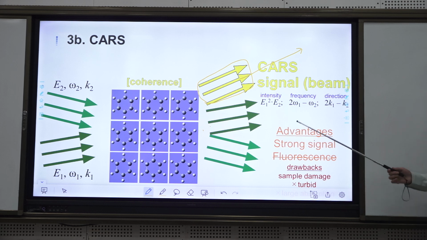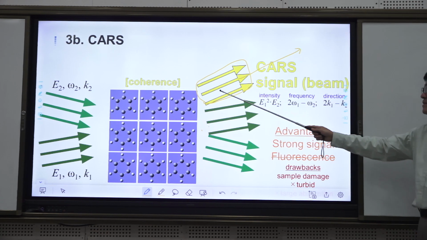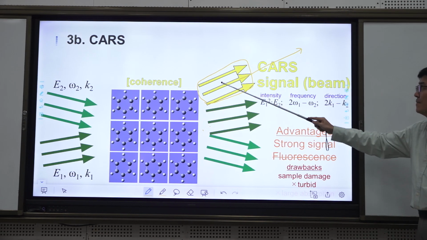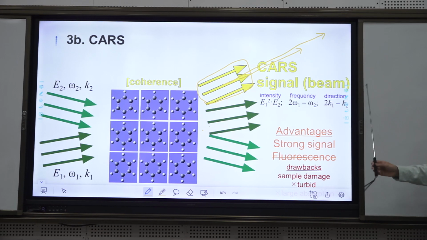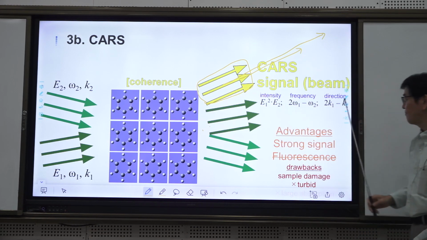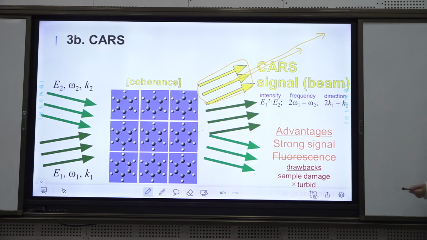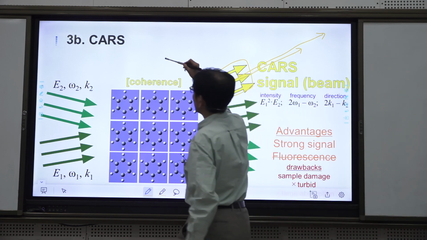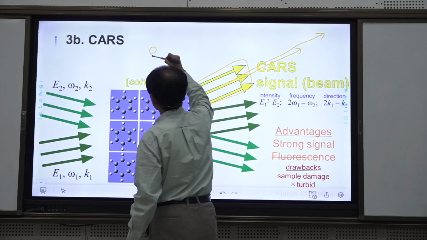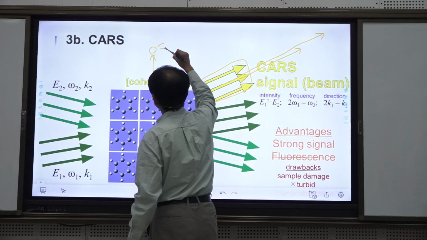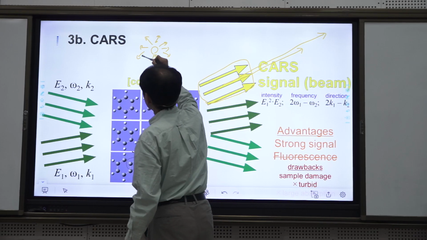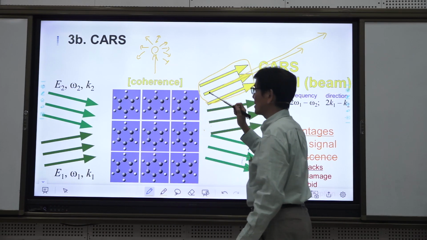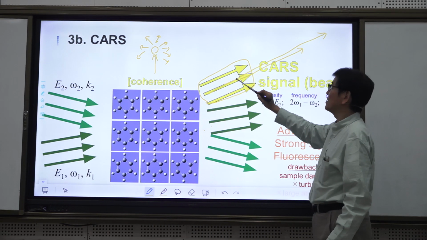An advantage of CARS is that the signal is strong. It's a beam. It propagates in one direction. This is in contrast to the Raman signal. Raman signal goes everywhere, but the CARS signal only propagates in this direction.